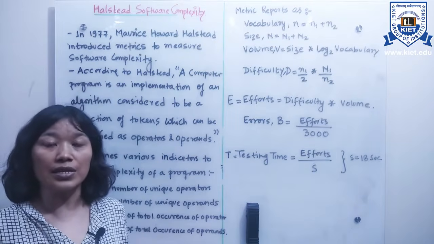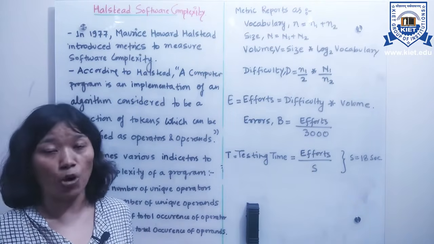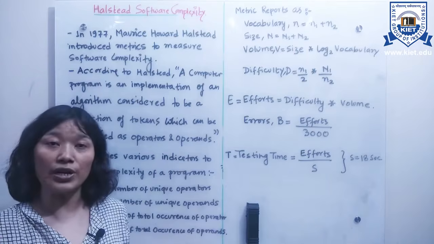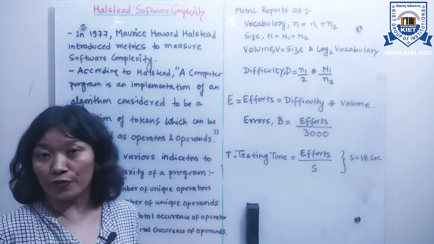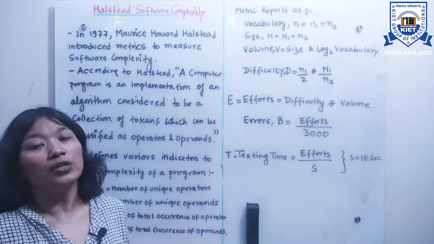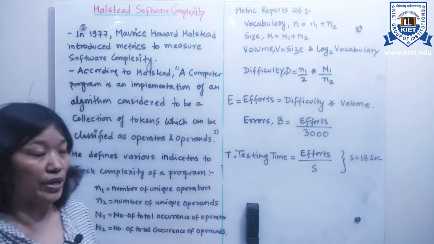So Halstead tells us any program can be identified by its operators and operands. If I need to calculate the complexity of the program or the software, then I should know about the operators and the operands.